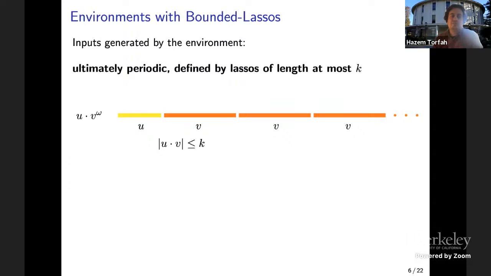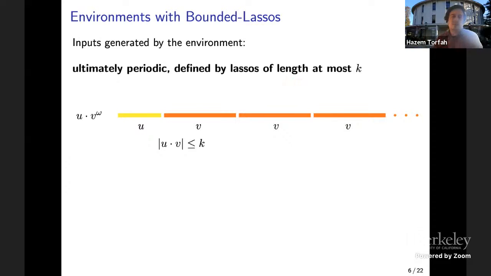More concretely, since we know they're bounded, we can characterize the behavior of these environments by the set of input sequences that are defined as ultimately periodic words. And this is what we will base our approach on today. So the main ingredient of our approach is that the inputs generated by the environment are represented by ultimately periodic words, and then we define a bound on these ultimately periodic words.